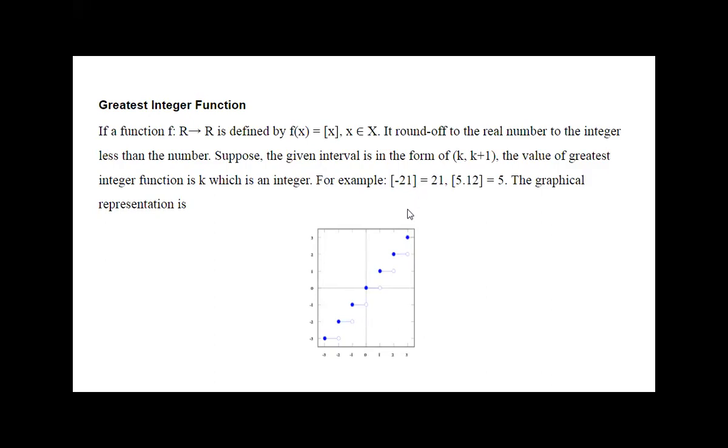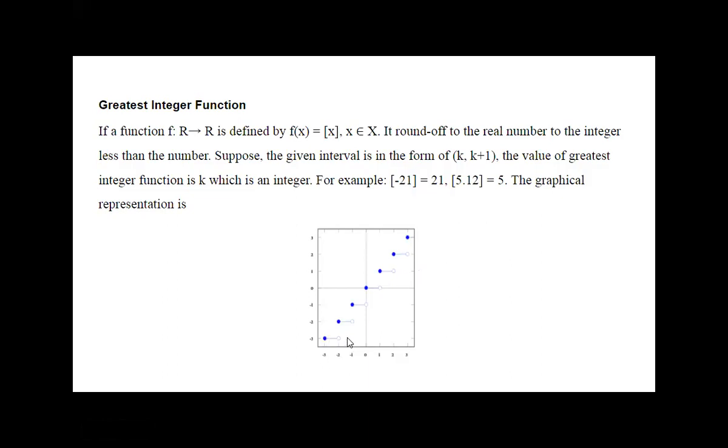And for -21, what happens in that case? Suppose here the example is taken as -21, but we are considering only the magnitude, not the sign. So that 21 point will be somewhere here.